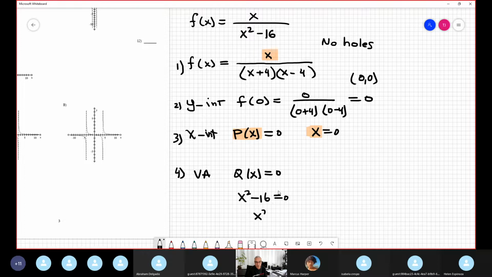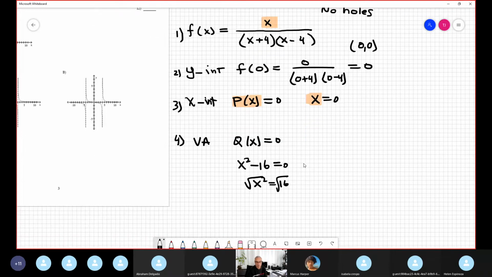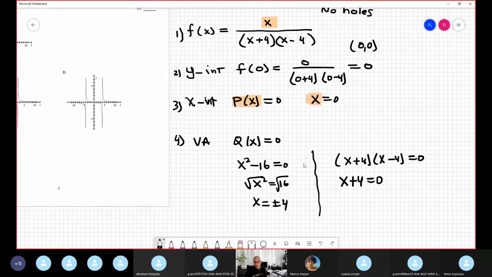So it's a quadratic equation, apply the square root to both sides, and the answer is plus or minus 4. X is equal to plus or minus 4. Another student says no, I don't like this way, I like this way. You take it in the factored form and separate into factors, and we get the same answer, no?